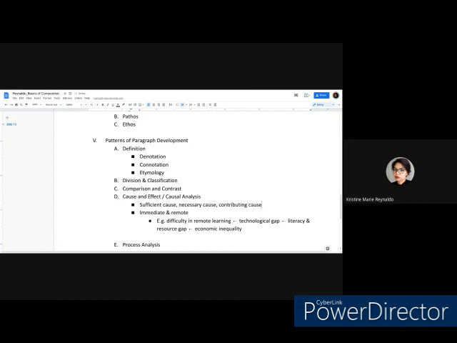So a sufficient cause, as the name indicates, is sufficient by itself to create a particular result. A necessary cause must be there in order for a particular result or effect to come into being, but by itself is not enough to create that particular effect. A contributing cause contributes to that particular result, but by itself is not enough to create that result or effect. So when you're doing causal analysis, you can also make these distinctions between what is a sufficient cause, what is a necessary cause, what is a contributing cause.